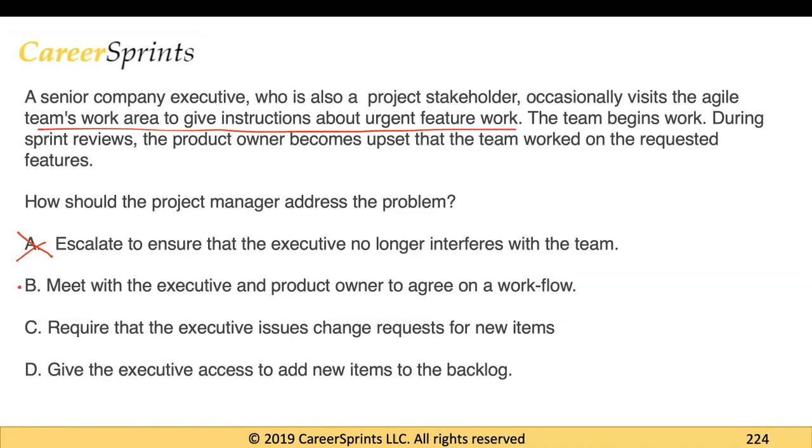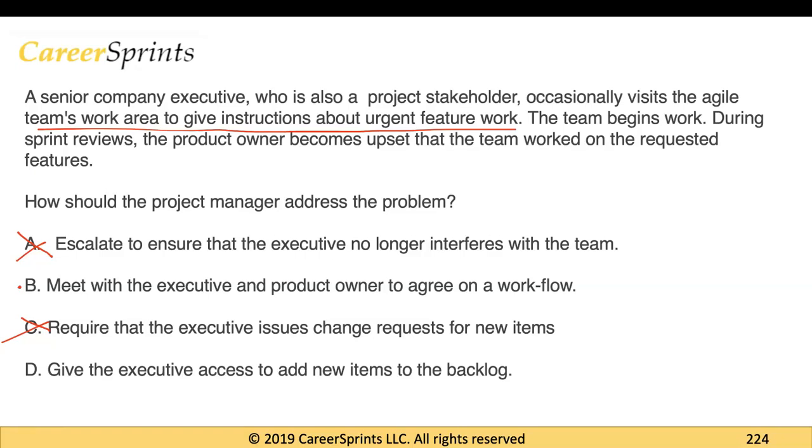Then it says require that the executive issues change requests for new items. Definitely, ideally a change request should be raised, but then again, the change request should go through the product owner, right? So again, this option would be wrong. Option 4 is give the executive access to add new items to the backlog.